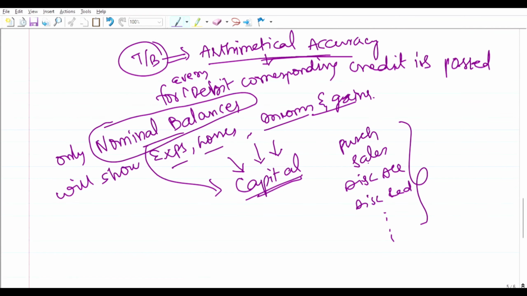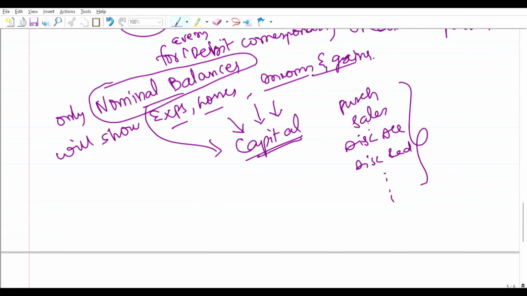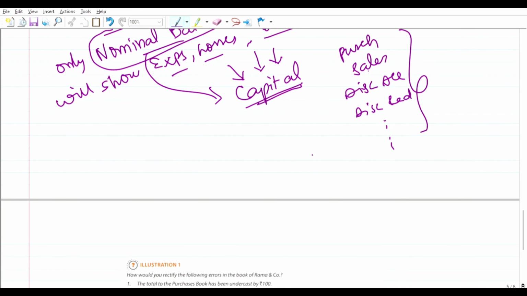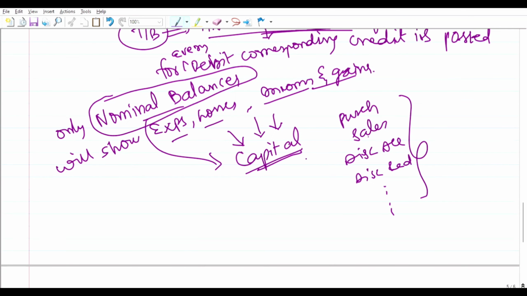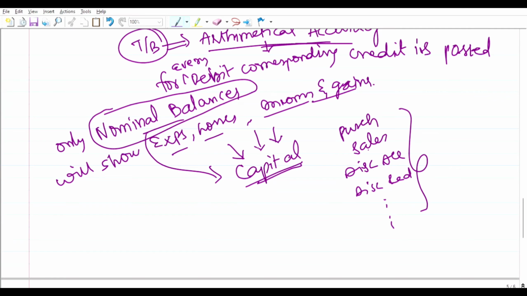You can know more about nominal accounts, personal accounts and real accounts at the time of preparation of final accounts. Final accounts are very important. So that's it for this class.